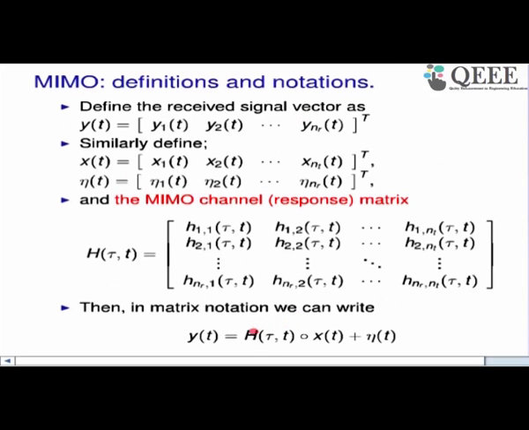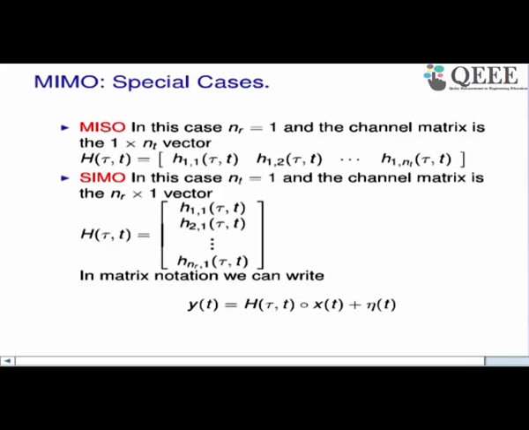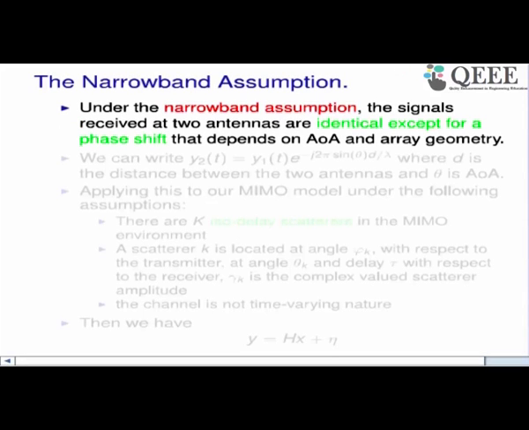So totally, how many convolutions are there? Yes, they are going to be NT times NR convolutions. A lot of work. It is, I would say, the most general channel that could be encountered. In practical cases, the channel is much simpler.